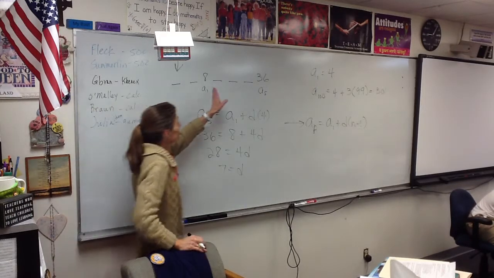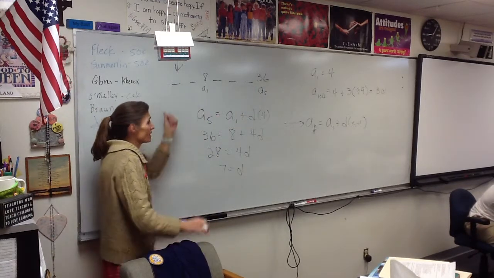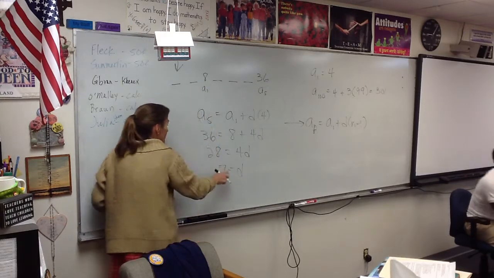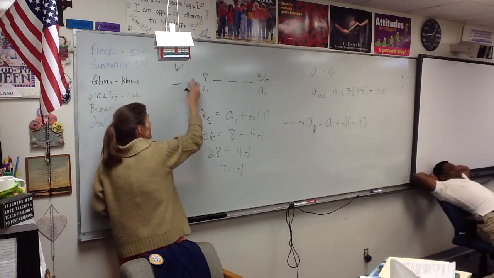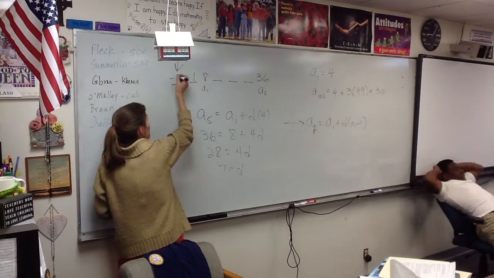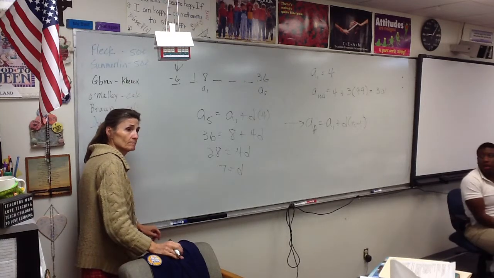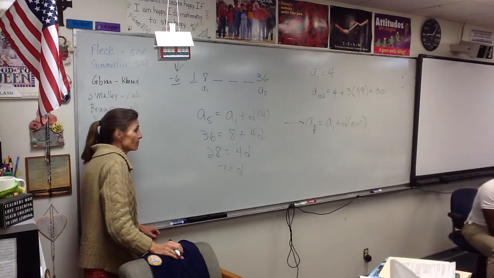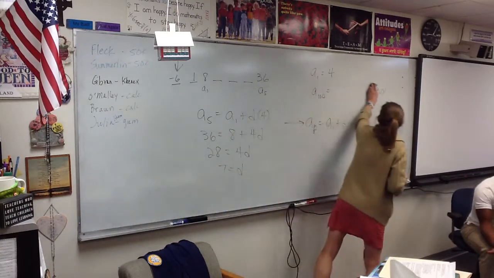So you can go ahead and fill these blanks in if you want. What you really need is to go this way. And when I go this way, if the common difference is 7, what am I going to do? Subtract. So this would be 1, and this would be -6. So the first term is -6.